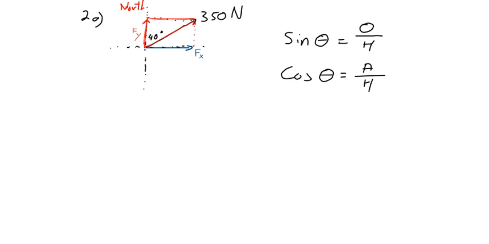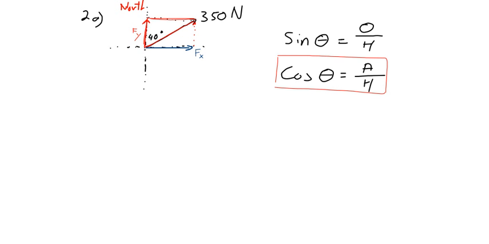So with reference to my 40 degrees given, it's the adjacent side that I want to calculate. So then I'm going to use this equation. Cos theta is adjacent over hypotenuse. Okay, so let's do it.